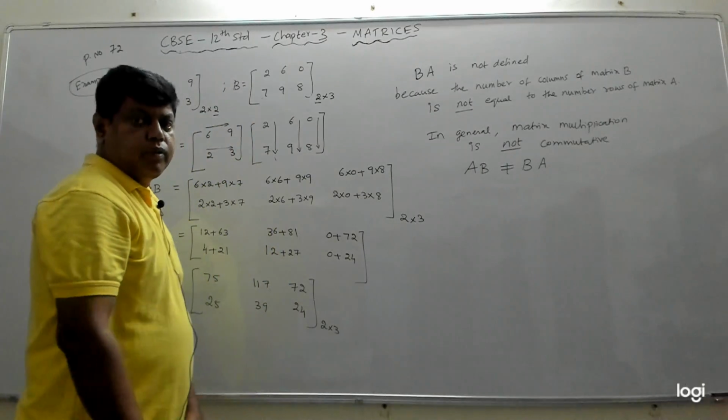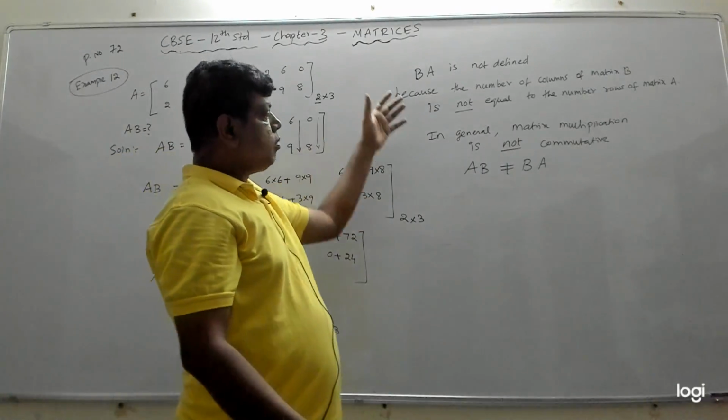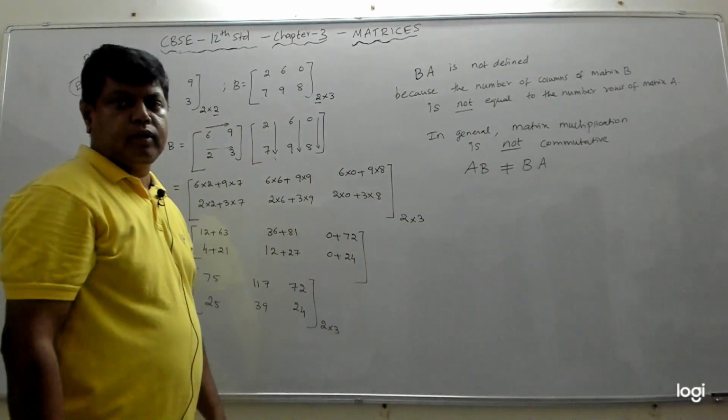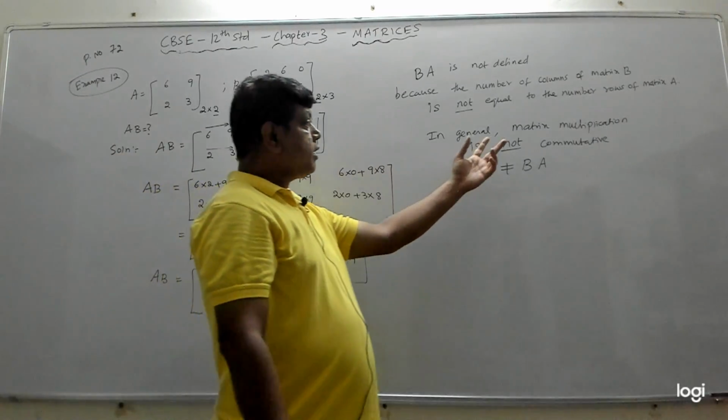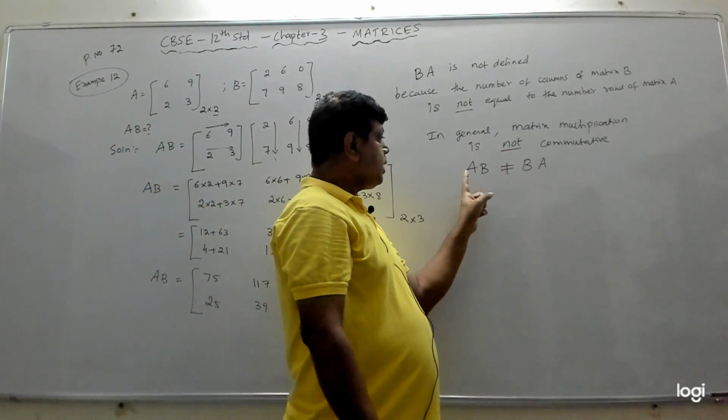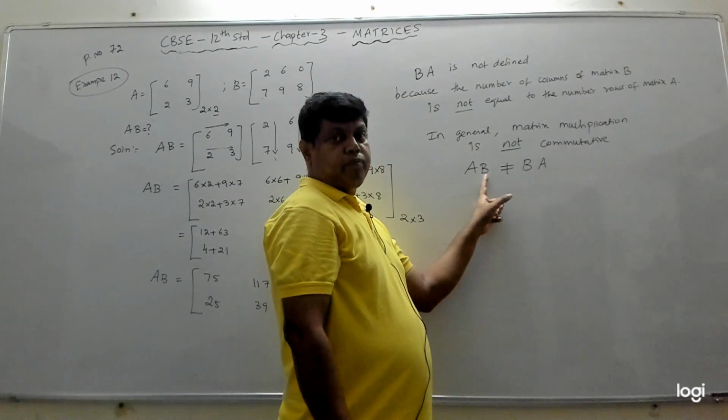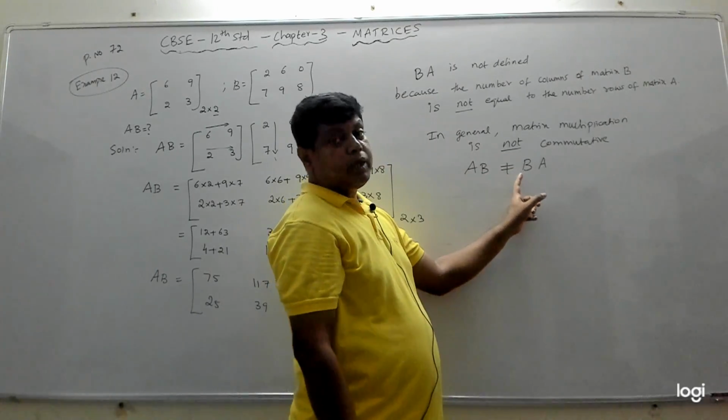So AB is obviously not equal to BA. Matrix multiplication is not commutative, which means multiplying A with B need not be equal to multiplying B with A.